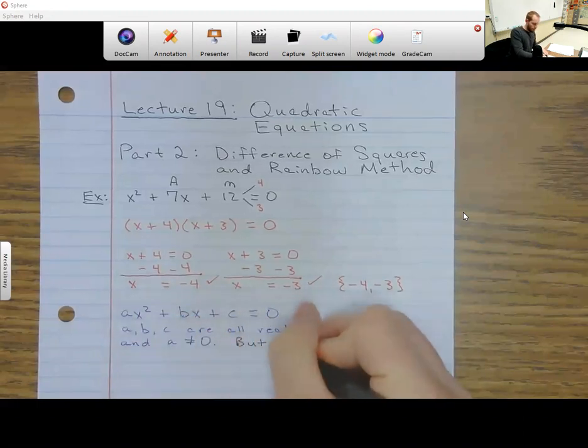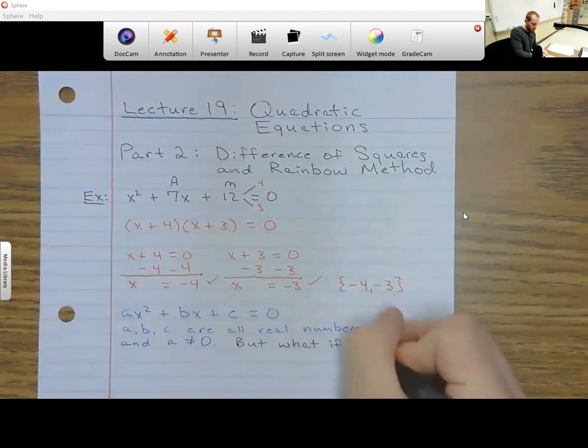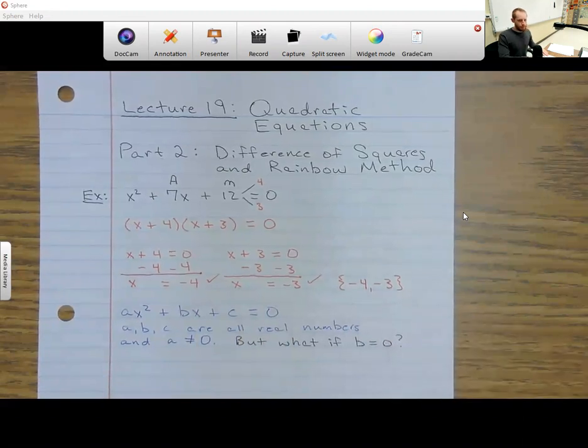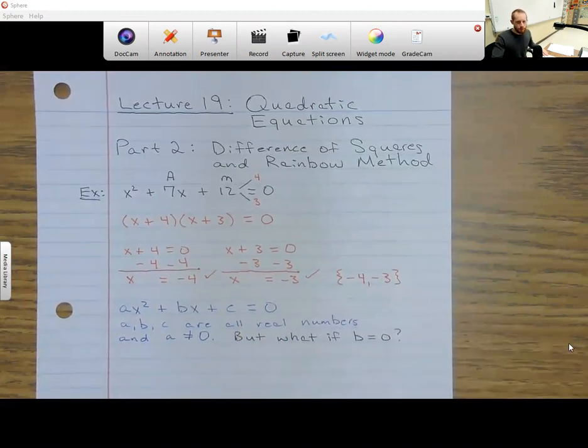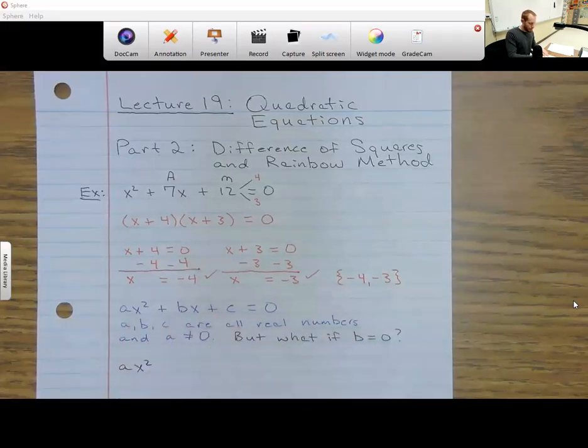But what if b was 0? What if b equals 0? Then what would happen? Well, if b was 0, then we would have ax squared, and since b is 0, this whole linear term just goes to 0, right?